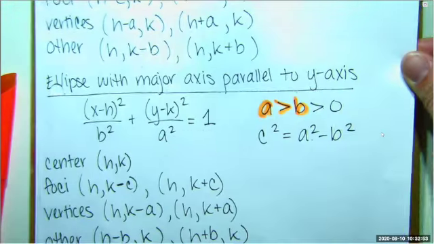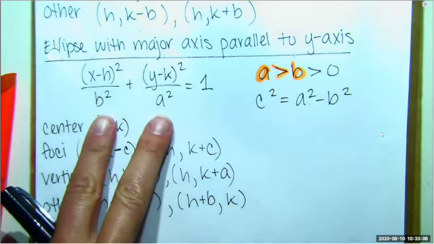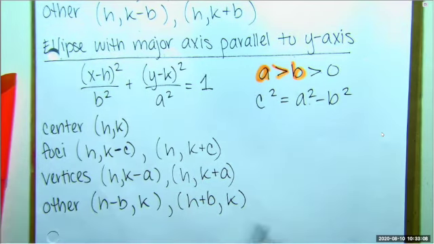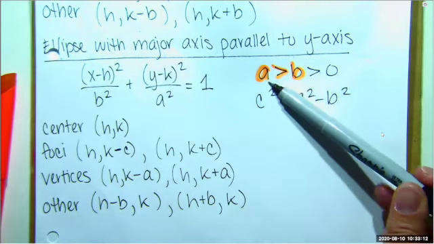Okay, next up, here is our equation for an ellipse with major axis parallel to the y-axis. Now notice the differences here. This looks very similar, except the a's and b's have traded places. So here, the a is under the y. So here a is larger than b.